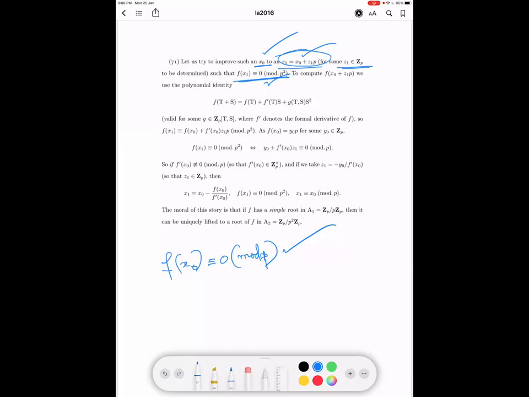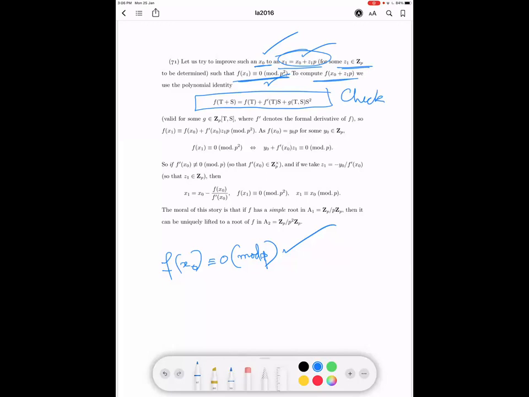Now for such an x1, how do you compute f of x1? For this you use this polynomial identity. This is something that you need to check. What is it? It says something very simple. I'm sure all of you will be able to check it for yourselves.